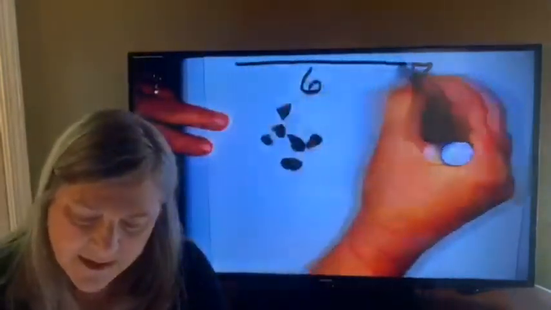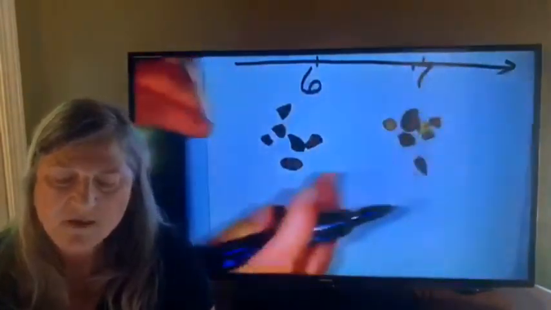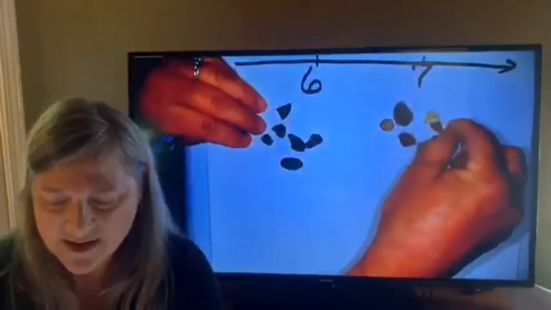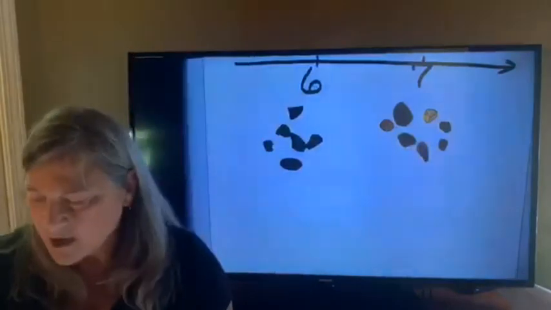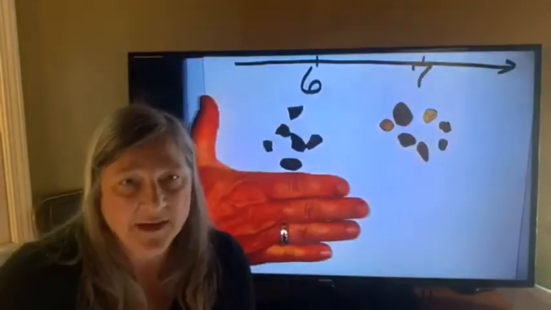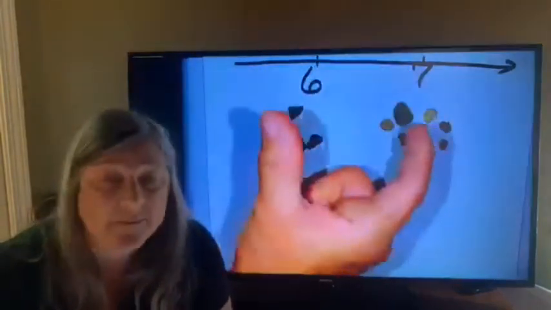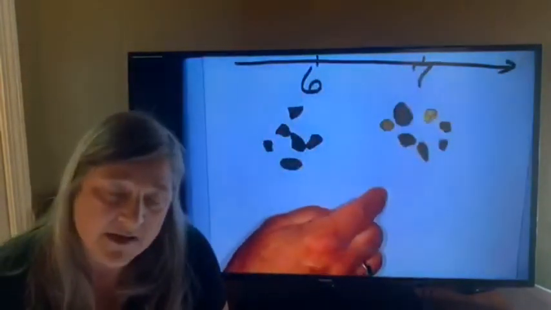Remember when we were talking on the number line, that 7 is 1 more than 6, and that 1 more is putting another stone on. So we have the exact same number of stones here, but 1 more here. Another way that they can do this with a comparison, again, so first comparison could be they just happen to know that 7 is more than 6. The other could be they could put it on a number line and show.